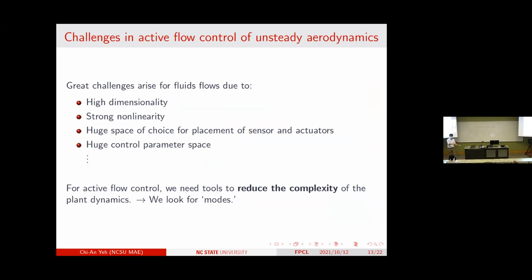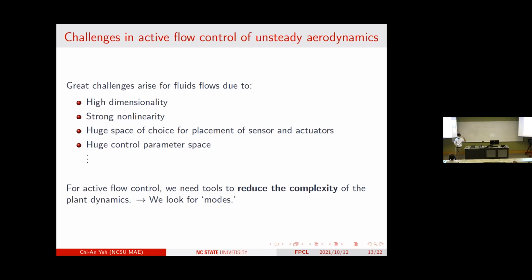In many other examples, dynamical systems don't always come with a governing equation that we can derive, right? So how do we address that? That's another big point about how we control a chaotic system even without any governing equation. Strong nonlinearity is precisely the case for fluid dynamics. And there's a huge space of choices for placement of sensors and actuators.